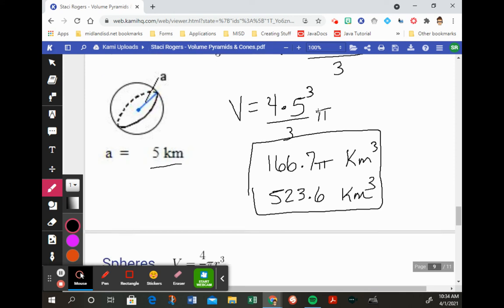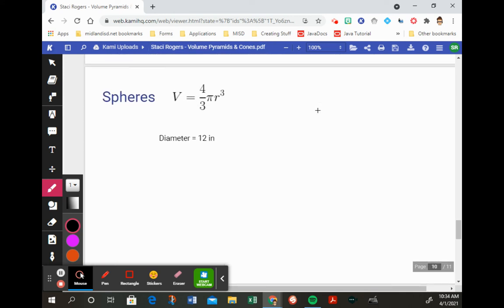Let's try one more. This time I don't have a picture. It just says my diameter is equal to 12 inches. Well, my formula needs an R, so how do I get my R? R is equal to 6 inches. Interesting question. What if this had said 12 inches, 1 foot?